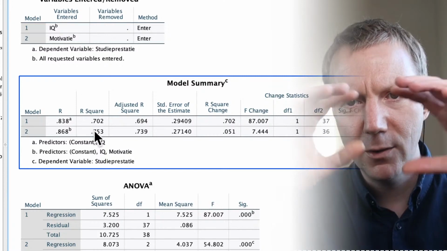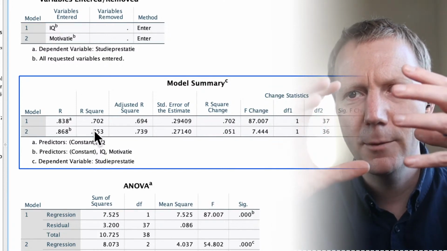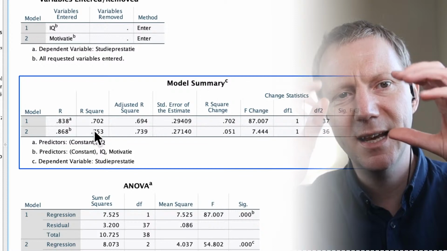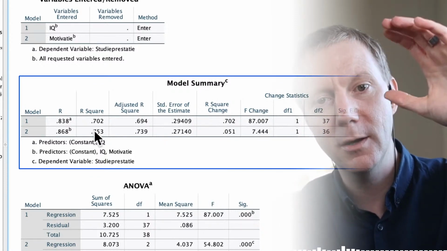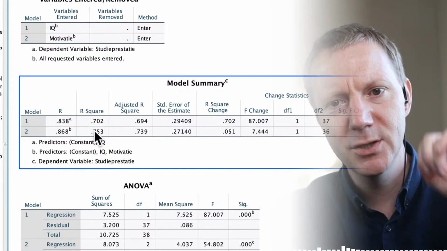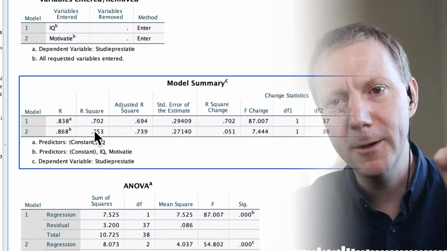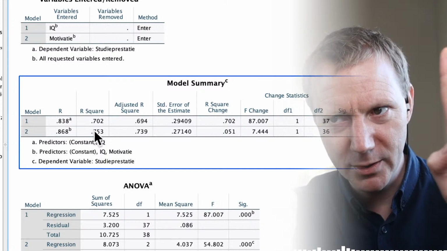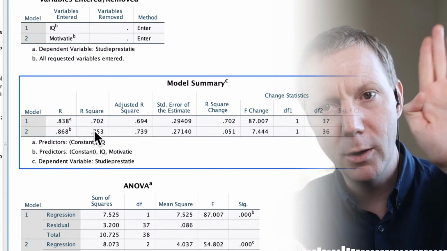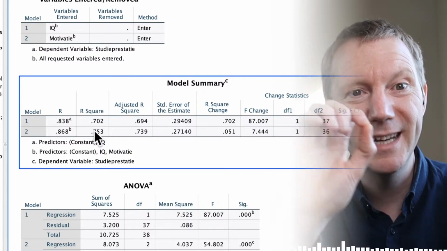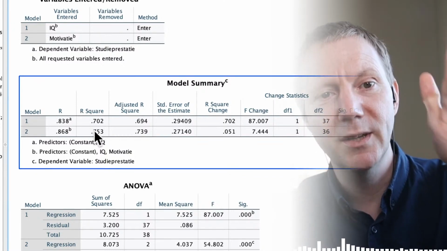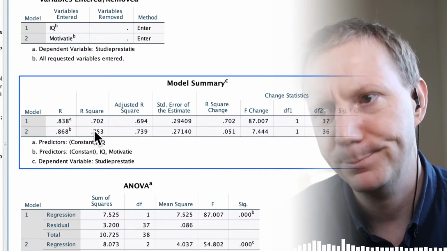But the way SPSS processes this is that it adds everything that is put in the next block to the previous blocks. So model 1 only contains IQ, and model 2, which is not a block, it's a model, contains both. Okay, thanks. Very good.